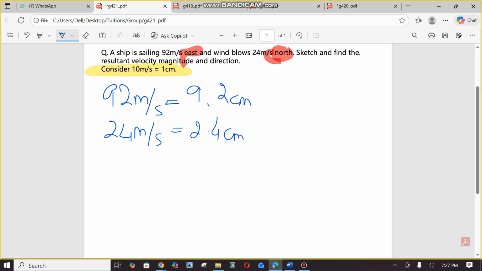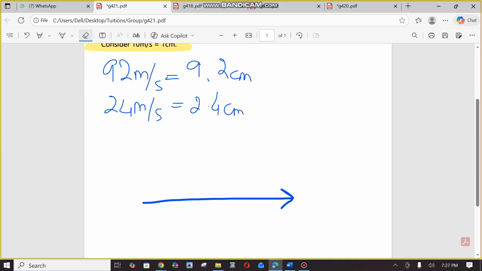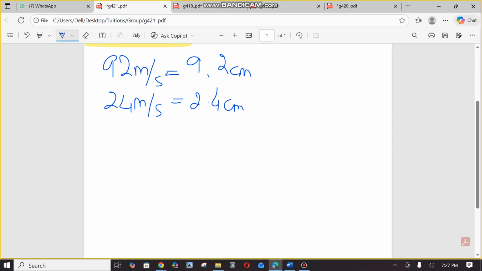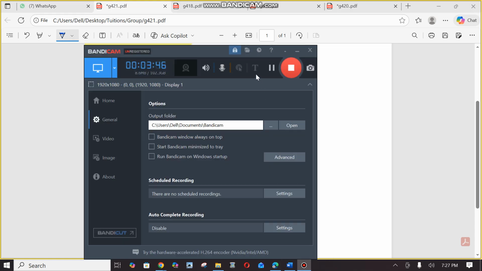You are going to use your foot ruler, and you will first create a 9.2 centimeter line on your paper. I will always recommend drawing the arrows in the middle instead of at the end, because if you draw it at the end, you may extend the line by mistake. So draw a line of 9.2 centimeters, and then draw the arrow.